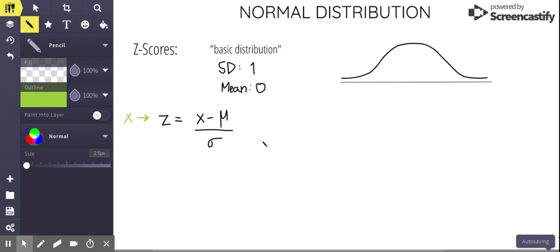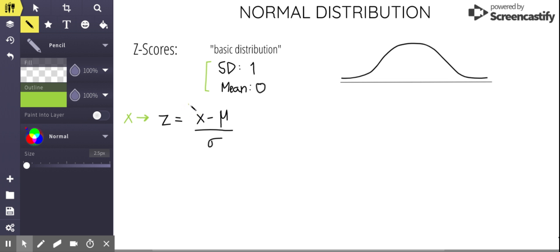From just a normal situation into your basic distribution z score, where these aspects and rules are assumed, we're going to have to have the observation.